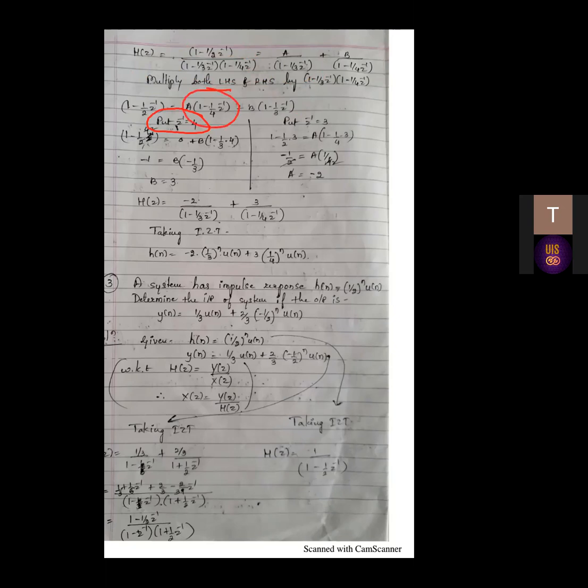Second, I'm putting z inverse as 3 so that B will go 0. Substitute those two. First, substitute 4. Simplify the equation. You will get B as 3. Next, substitute 3. Simplify both LHS and RHS. You will get A as minus 2. Once you get these two, H of z is this. Substitute the A and B values. Okay. So I hope the simplification is very much easier for you.